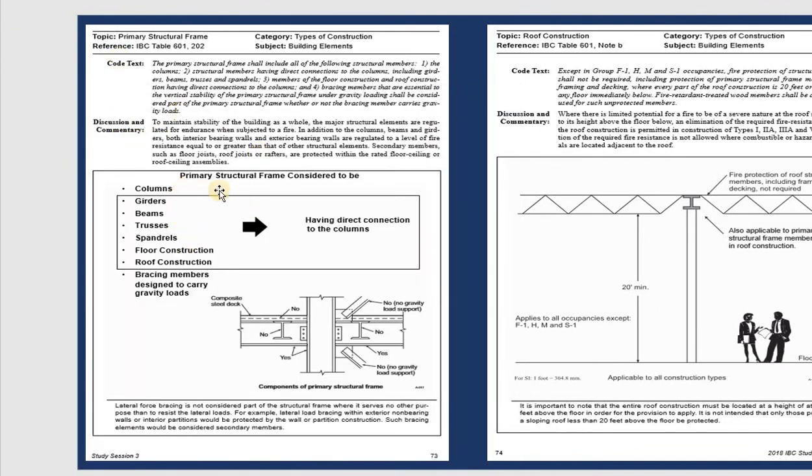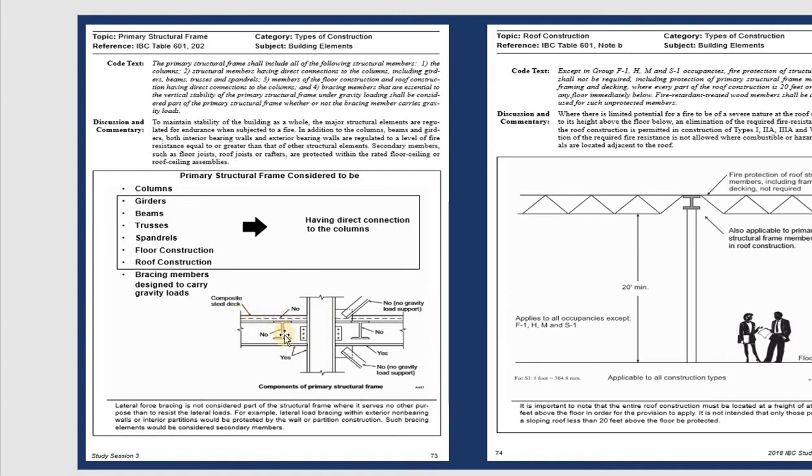Now if you look at the primary structural frame, you can see that we have columns, girders, beams, trusses, and the floor or roof system. All of them have a direct connection to the column. So for example, you have a column right here, and after that maybe the ceiling.